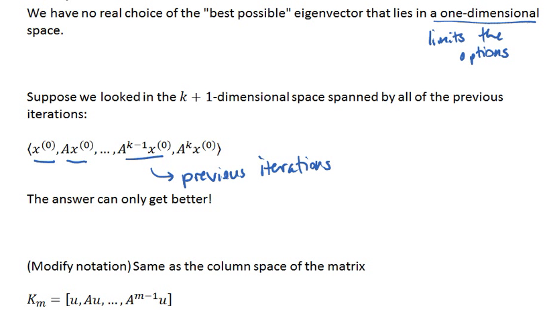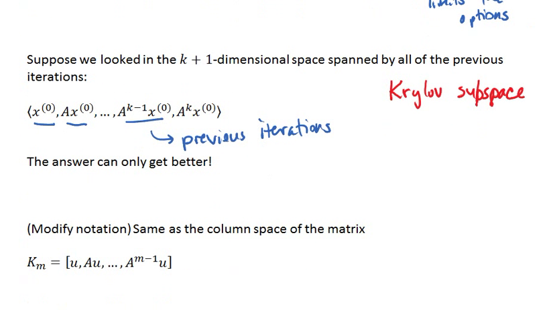Well, this is what we call a Krylov subspace. It's one that's the span of vectors that are all multiples of A to some power times some starting vector.